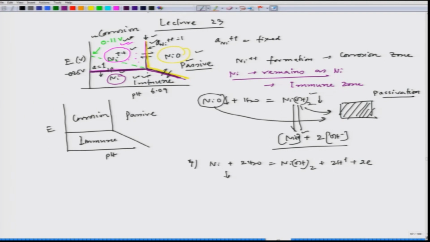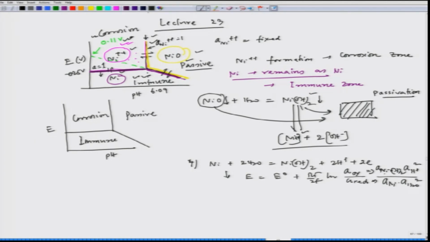Now, here the nickel ion is not coming into picture. So, the only thing is it will be decided by potential, which will be E0 plus RT by 2F ln of activity of ox by activity of red, and here ox is nothing but Ni(OH)2 activity and activity of H plus square, and this would be equal to activity of Ni, activity of H2O square.